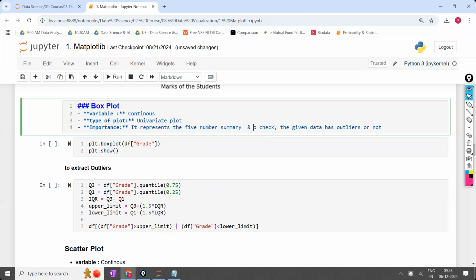And also, it is used to check whether outliers are available or not.